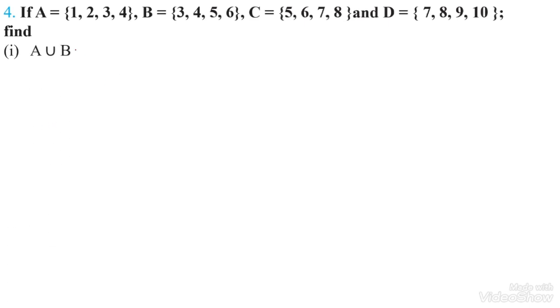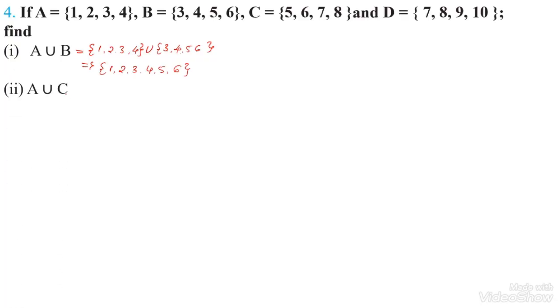First, A union B. What are the elements in A? 1, 2, 3, 4 and union of set B containing the elements 3, 4, 5, 6. Their union. Okay, that is 1, 2, 3, 4, 5, 6. Because 3 and 4 are already in set A. 3, 4 is common to both sets.